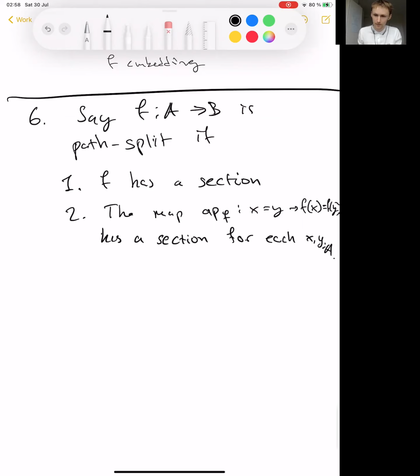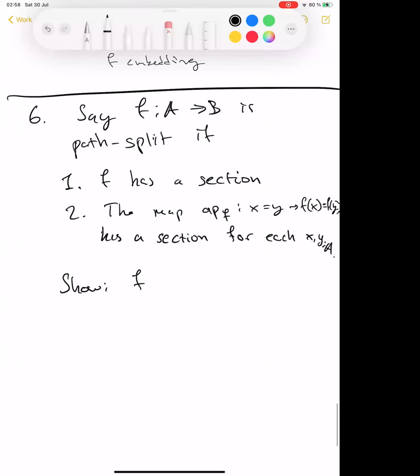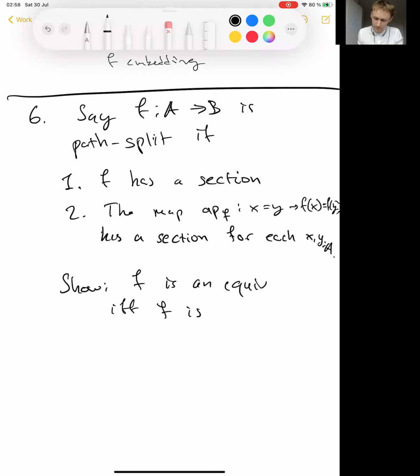Now this is actually a really powerful lemma. So show that f is an equivalence if and only if f is path split.